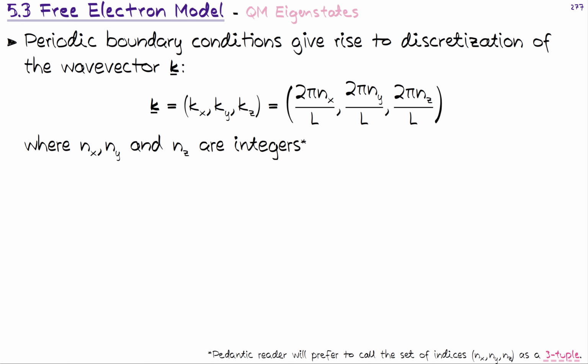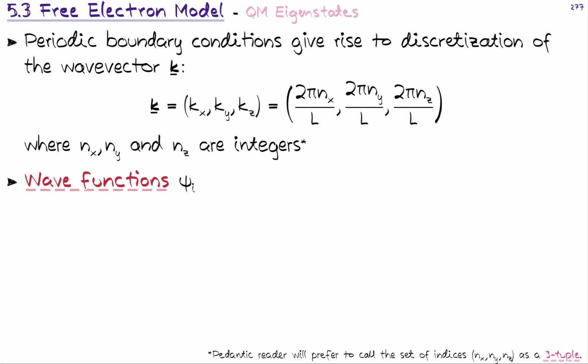If you're really into mathematics, please note that these integers nx, ny, and nz actually form an ordered set of integers. Somebody could say that they form a triple, or tuple. And then, for example, when we are summing over states, we would be summing over this kind of entity.